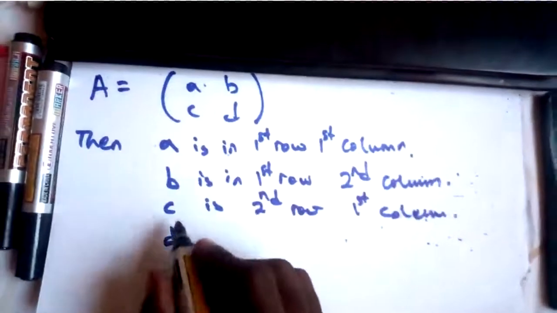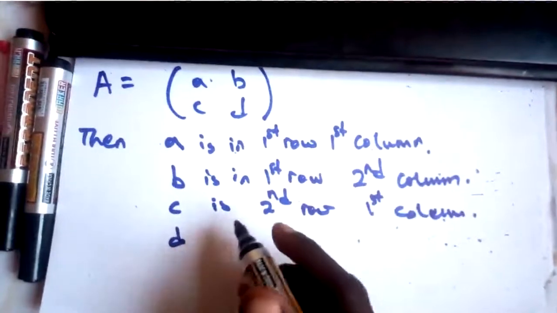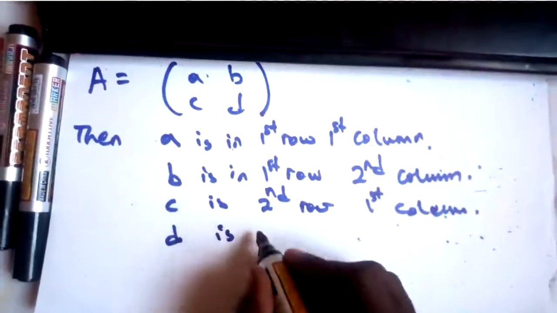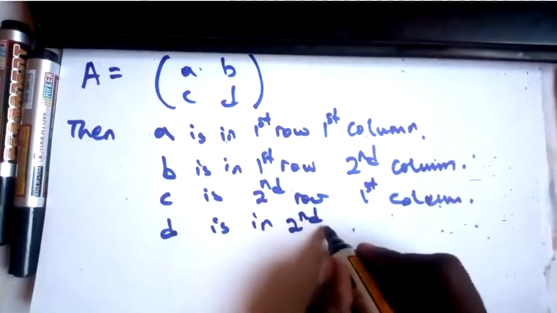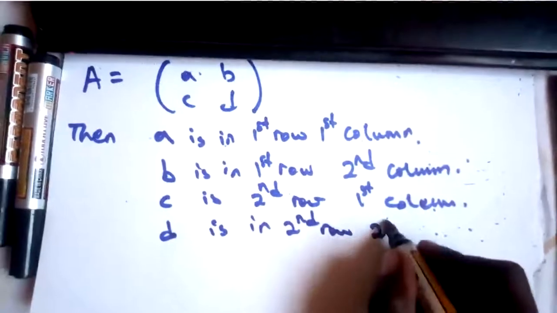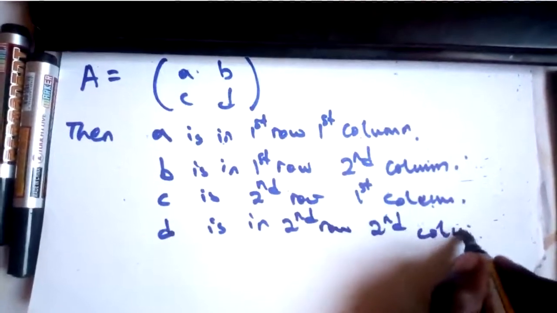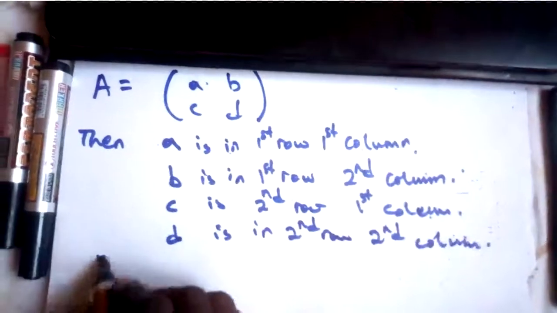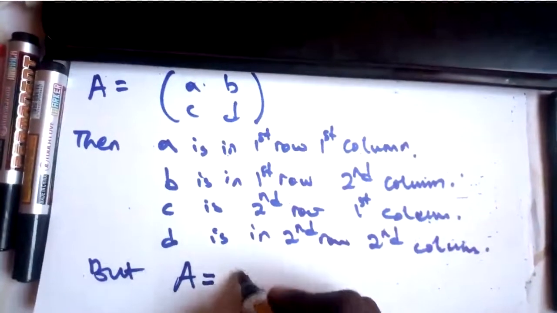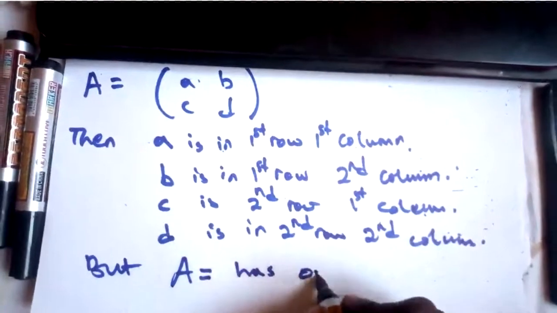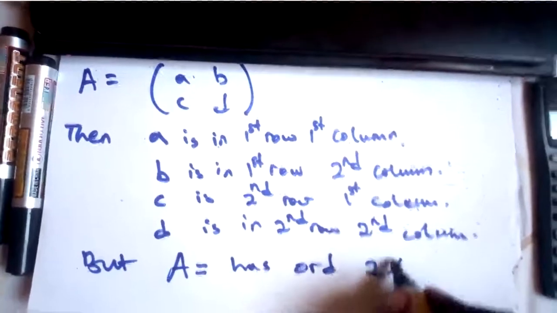Element d is in the second row, second column. But matrix A has order 2 by 2.